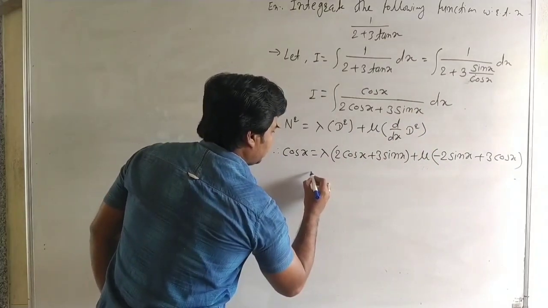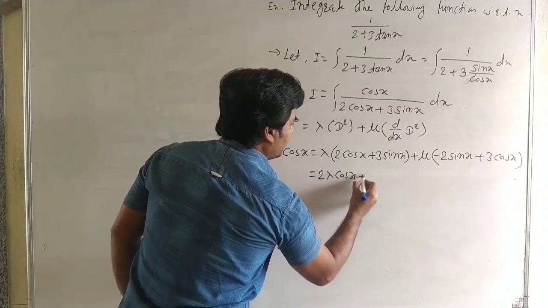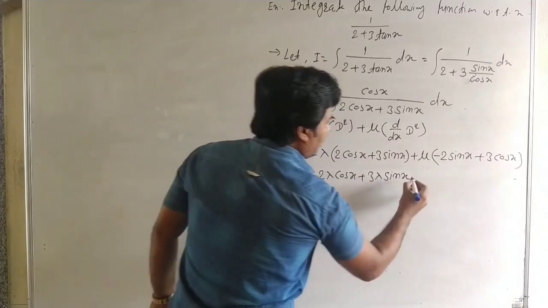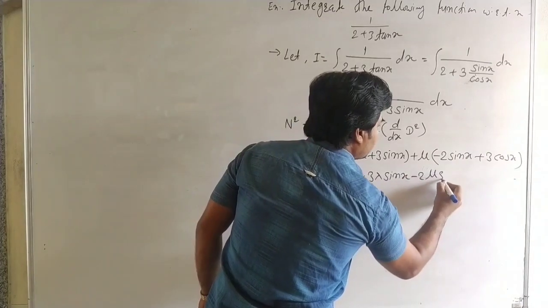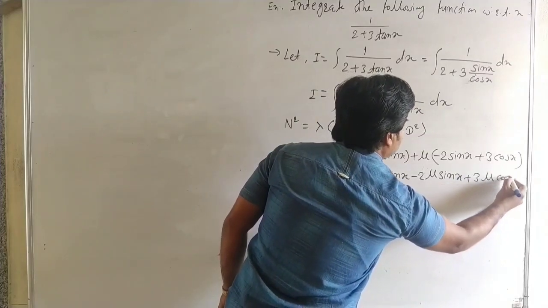Now this can be written as 2 lambda cos x plus 3 lambda sin x minus 2 mu sin x plus 3 mu cos x.